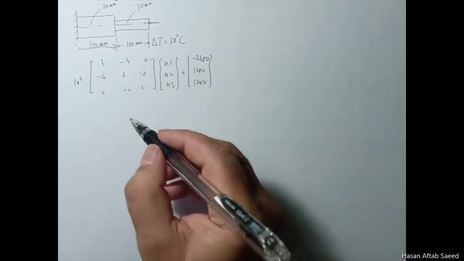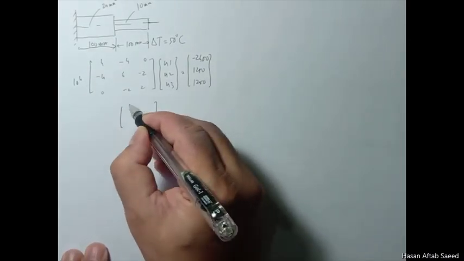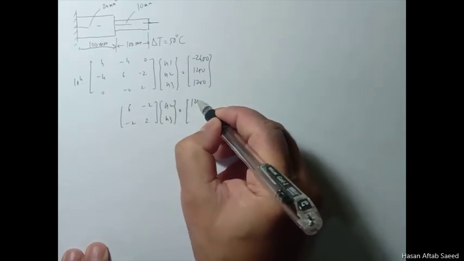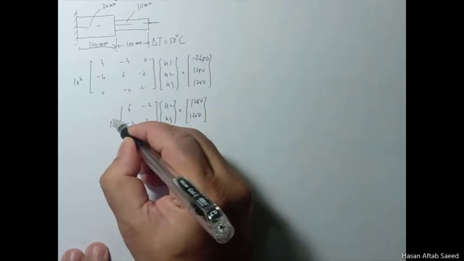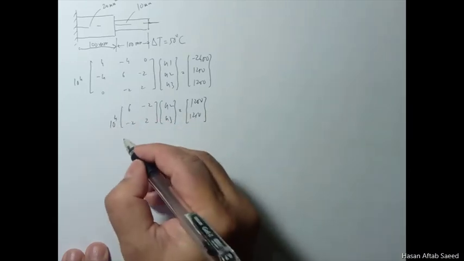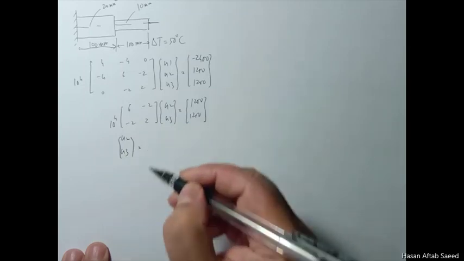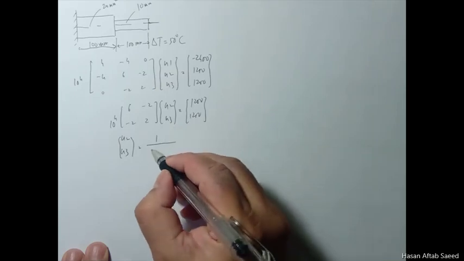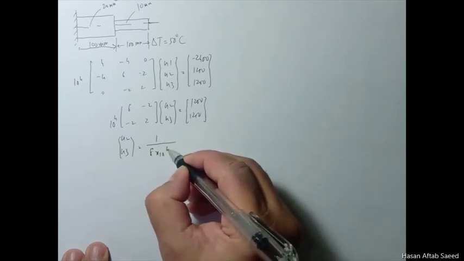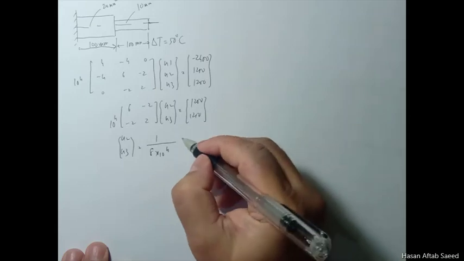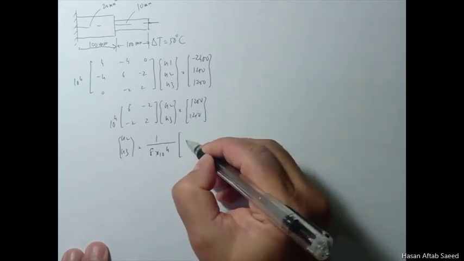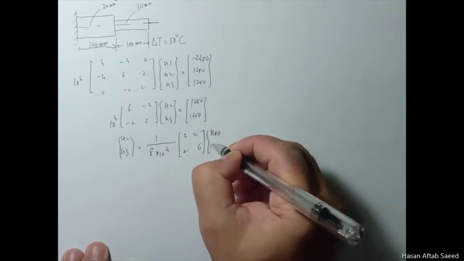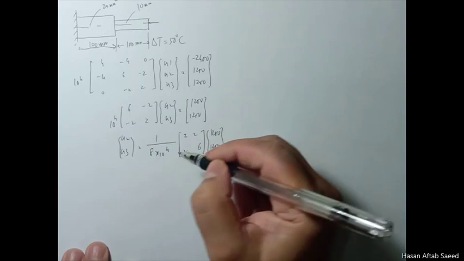So ultimately, you get something like this, and inverting it will still give you the same. This vector will be different, but others are the same.